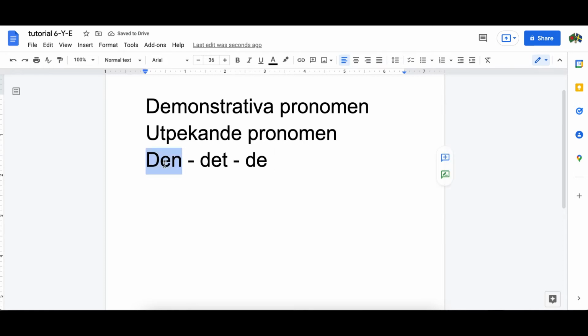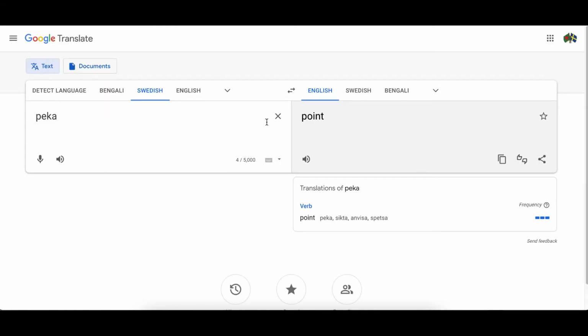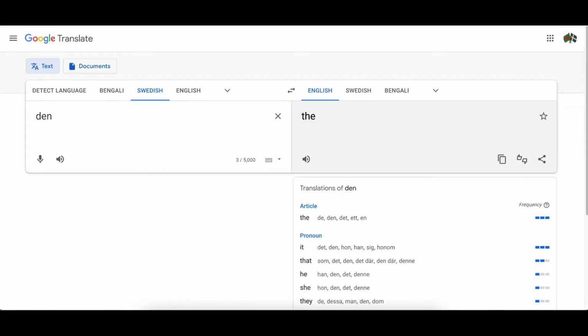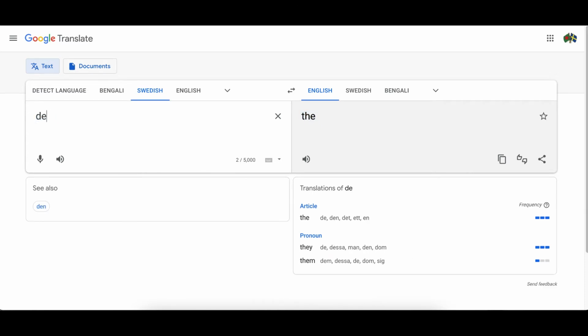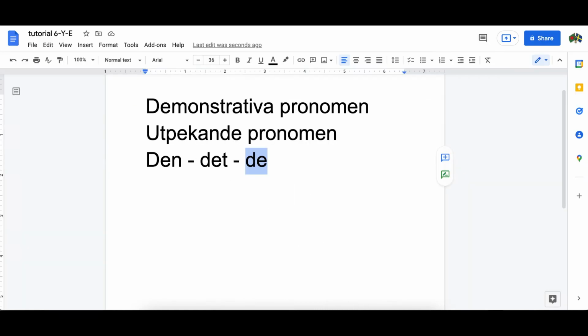Now if we translate, then means the or that, also same, and dom means they when it's plural. So then, that, dom. Now when do we use then, that or dom?